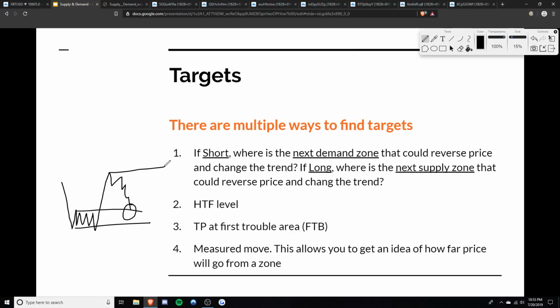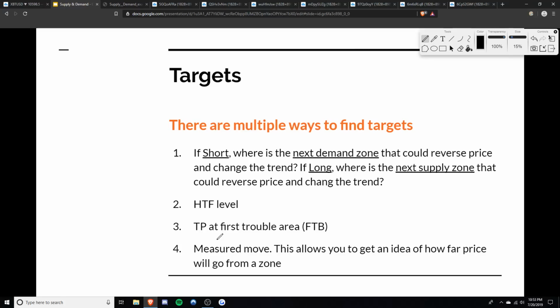This could be your first trouble area. There might be a supply zone right here, a lower time frame supply zone, but typically this could be your first trouble area. It's just that first high. So you might want to bag a 1 or 2 hour trade right there. That's the first trouble area. I'm sure you've heard of that, and there are many examples online.